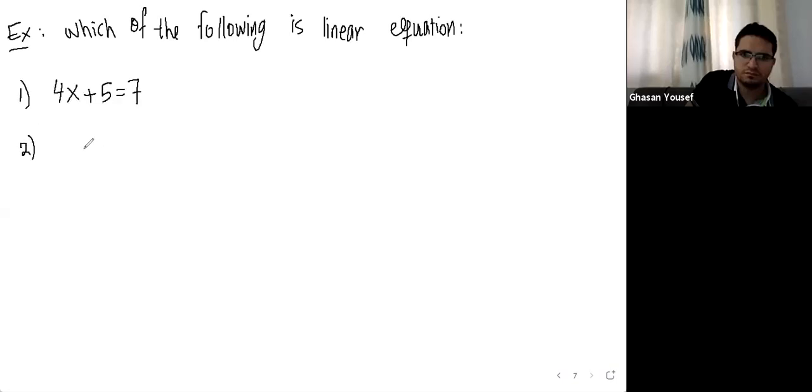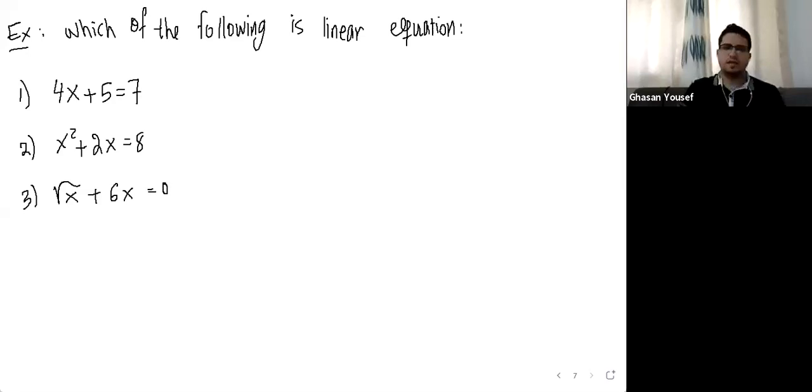Number 2, x squared plus 2x equals 8. And the third one is square root of x plus 6x. The question is, is the first equation a linear equation?